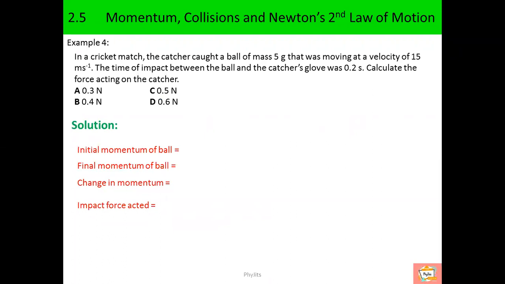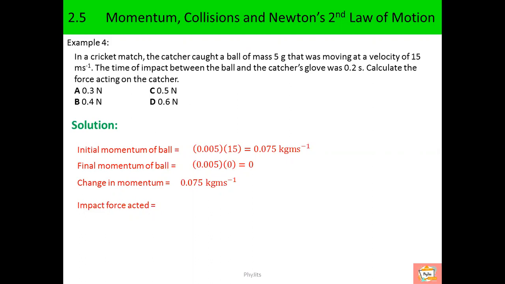Right, cricket match, the catcher caught a ball, mass 5 gram, moving with velocity 15. Time of impact between the ball and the catcher is 0.2. Again, a fraction of a second, so it should be impulsive force. Initial momentum, final momentum: because the ball stops, everything goes to zero, your hand also stops. So change in momentum is final minus initial.